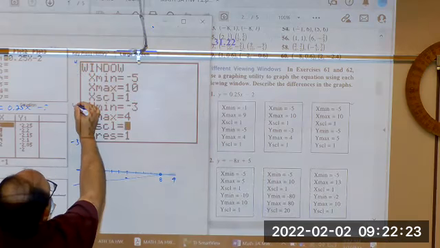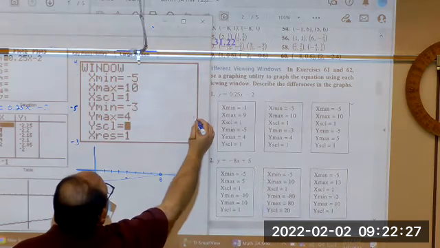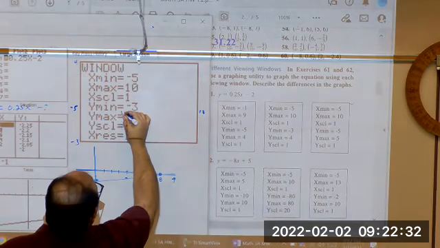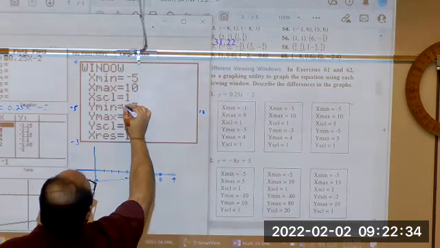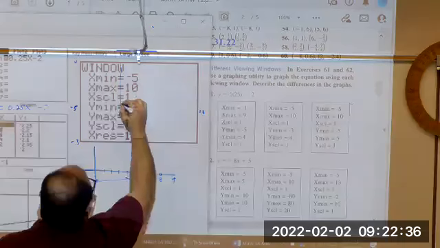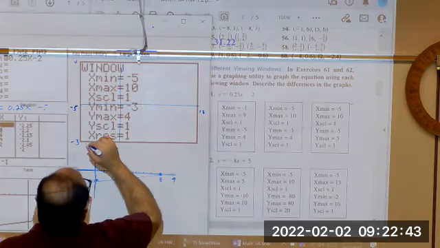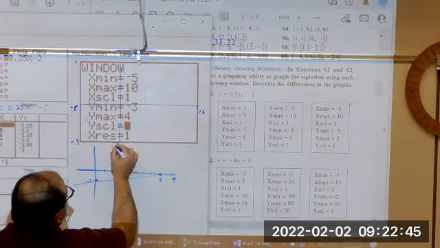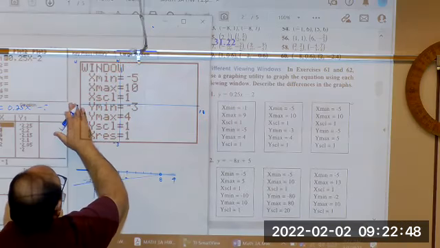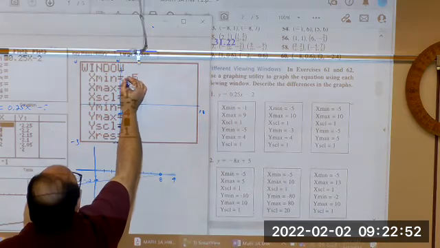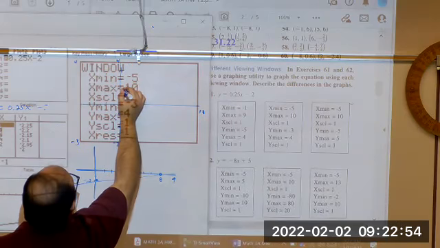And this is -5 all the way to 10. X-axis probably right about here. -3 there, +4 there.